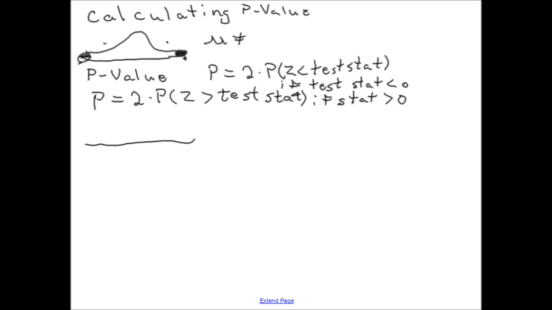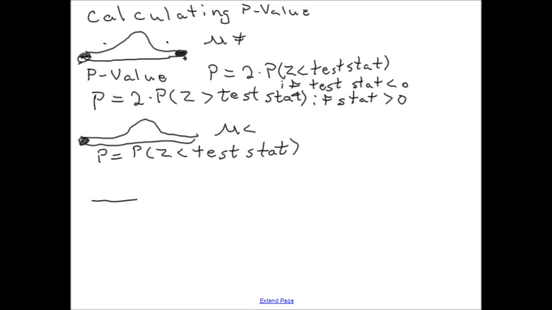There were the other 2 types. The area down there when we had mu less than whatever. And here our p-value is the probability that z is less than your test stat. And that's because it's already down there in that negative region.